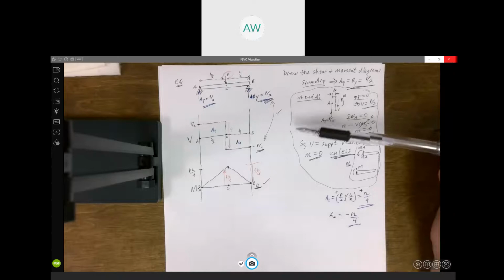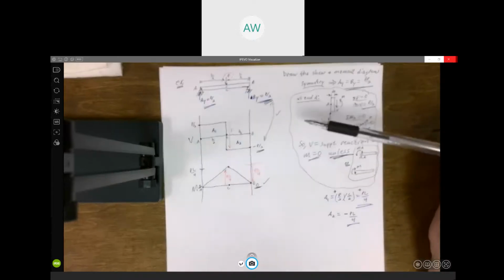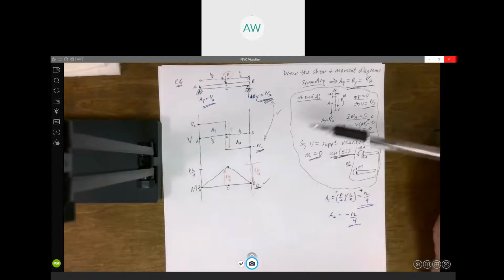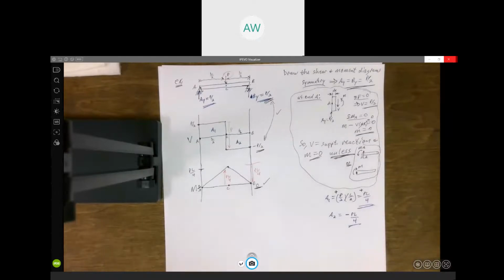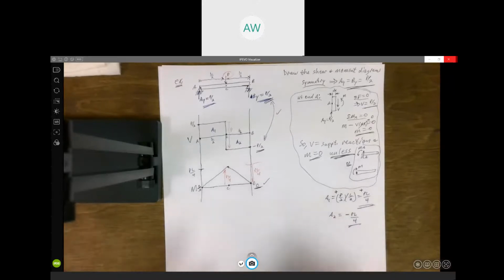You can watch me draw and say, yeah, that looks easy. But until you actually sit down and do some yourself, you're not truly going to master this process. And this is one of the most important skills, really and truly, for you to learn in mechanics and materials.